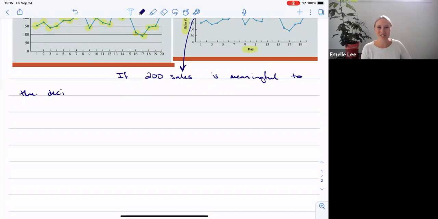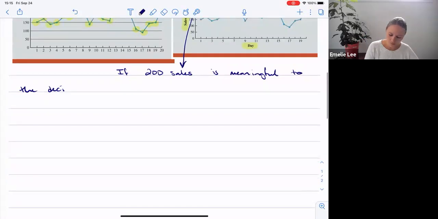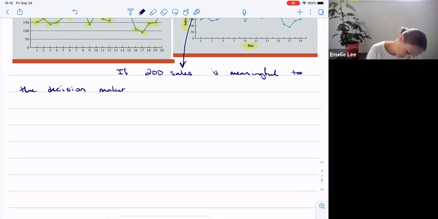If you want to be the decision maker, you're in the wrong field, because we just present information. We might make recommendations, but usually we're just presenting information and then someone else takes it and runs with it, right? So it's kind of a background role. But if 200 sales, for example, is meaningful to the decision maker, we might include it in the graph.